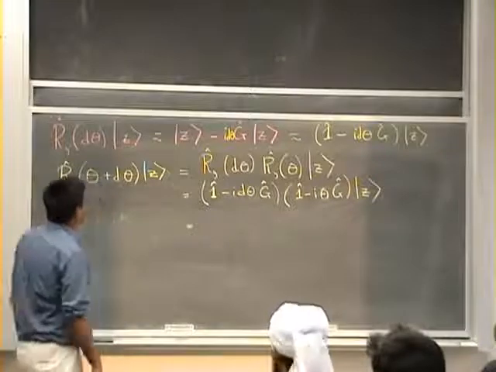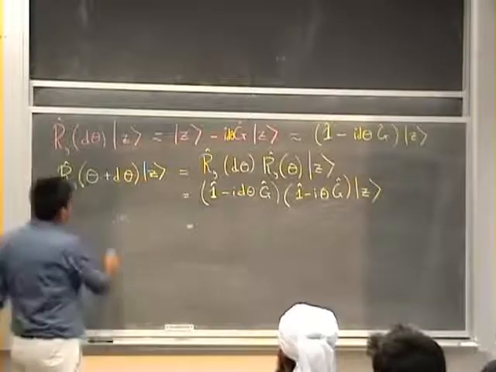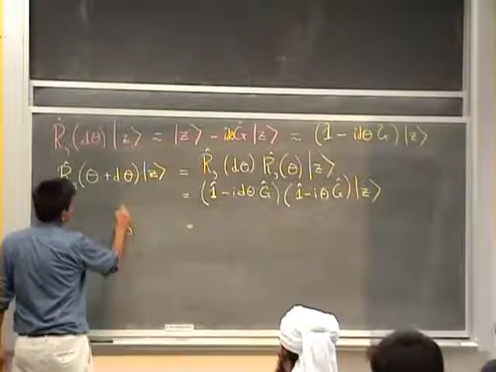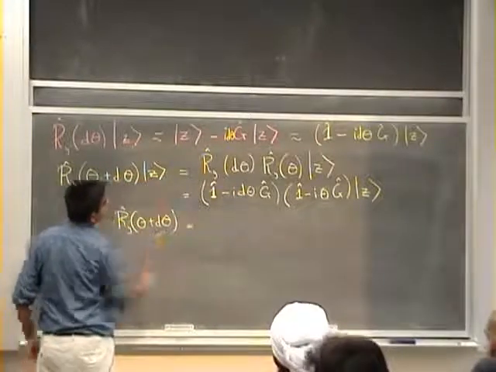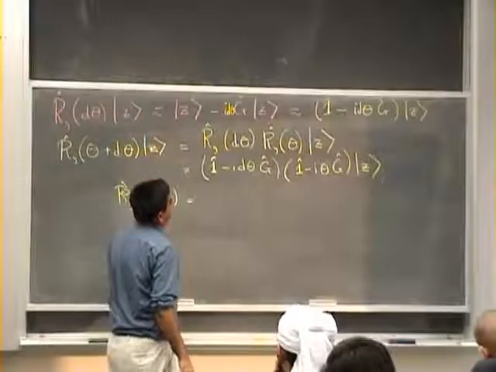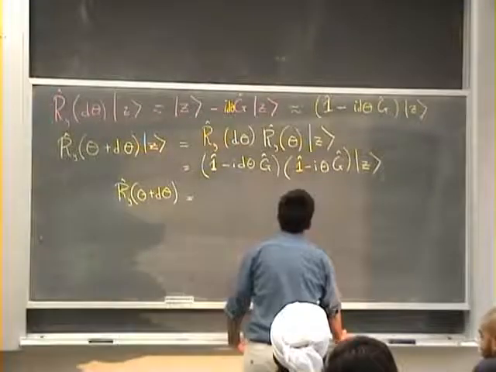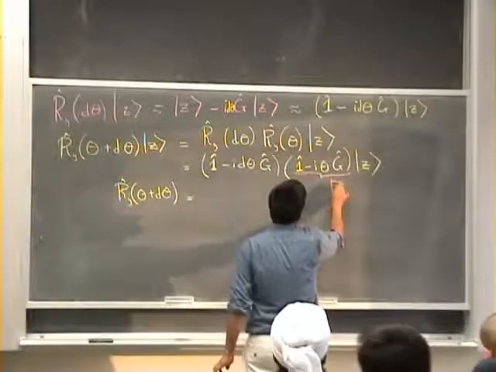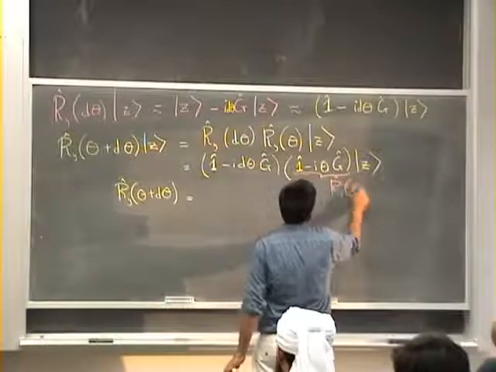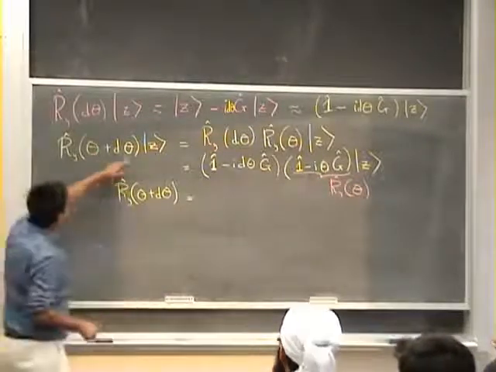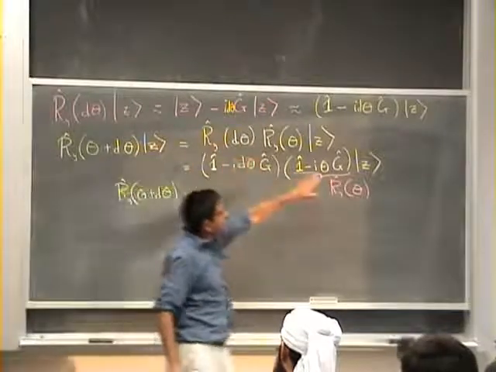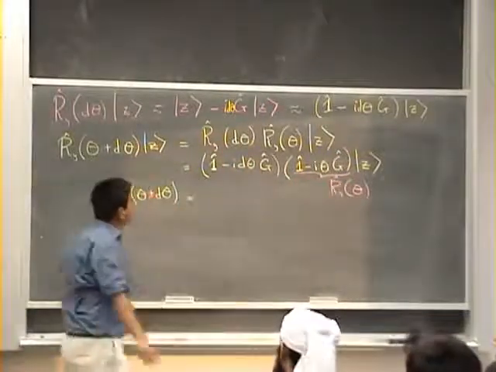right? Now looking at the left hand side and the right hand side, I get R_y(theta plus d theta) equals. I don't need to expand this, in fact. I can still call it R_y(theta). Okay? So the left hand side is R_y(theta plus d theta). I forget about the quantum state because it's common to both sides.